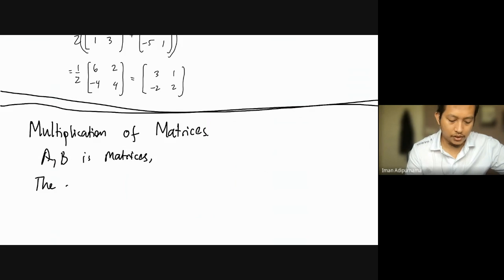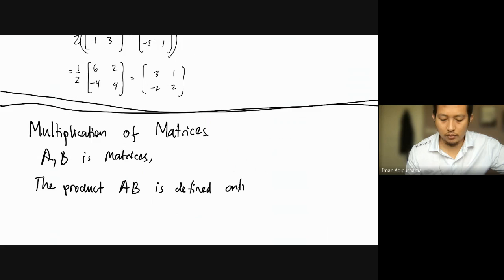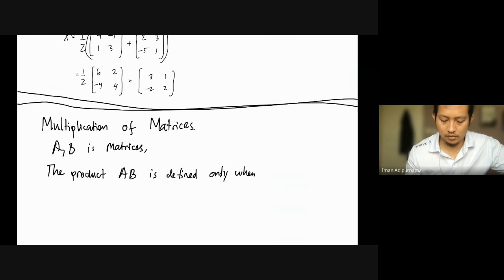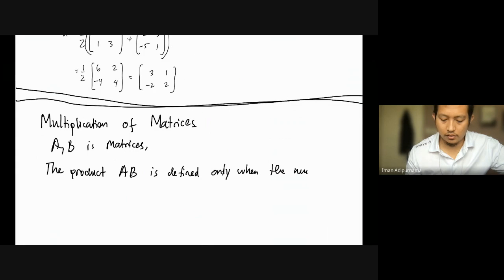The product AB is defined only when the number of columns in A is equal to the number of rows in B.